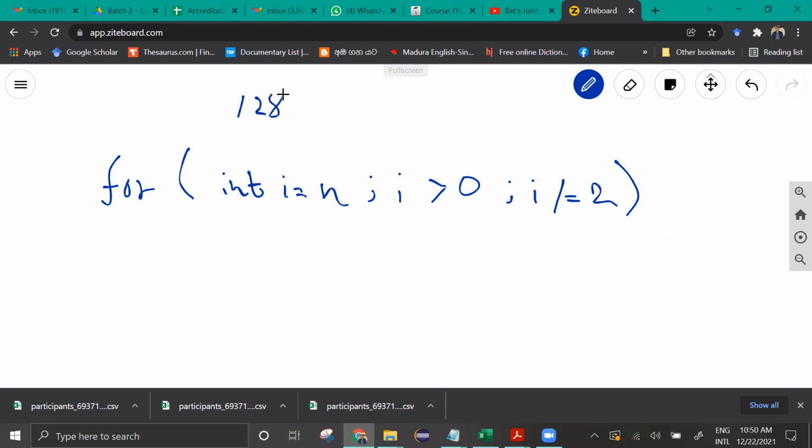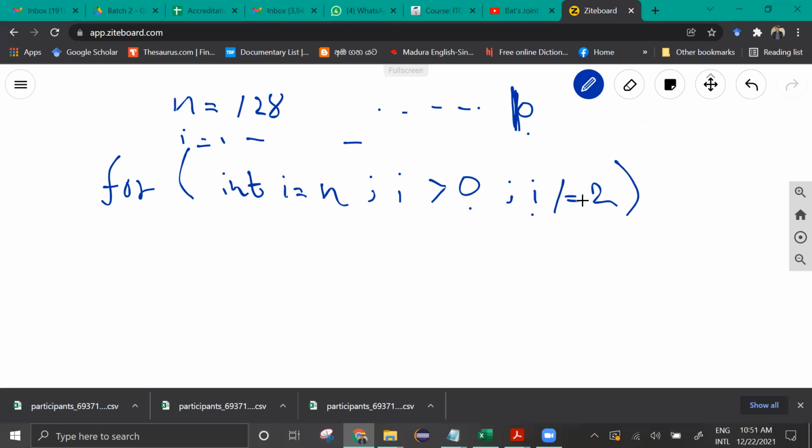Suppose n is 128. So then I goes up to 0. Sorry, I goes down to 0. So I is from here down to 0.